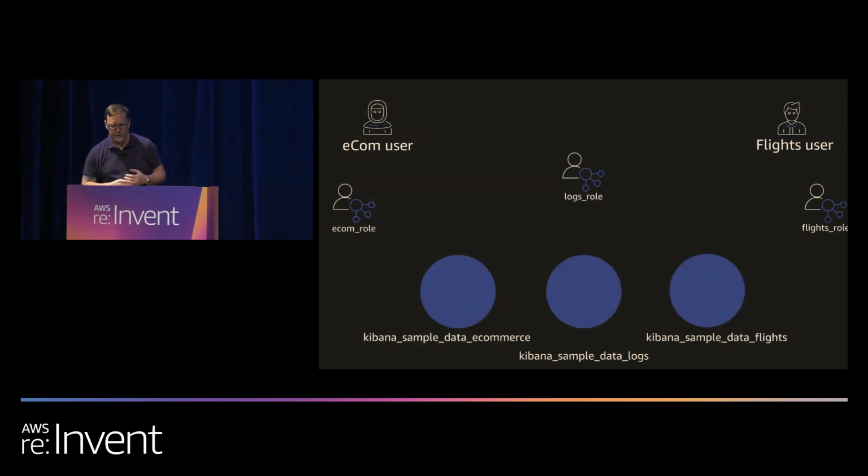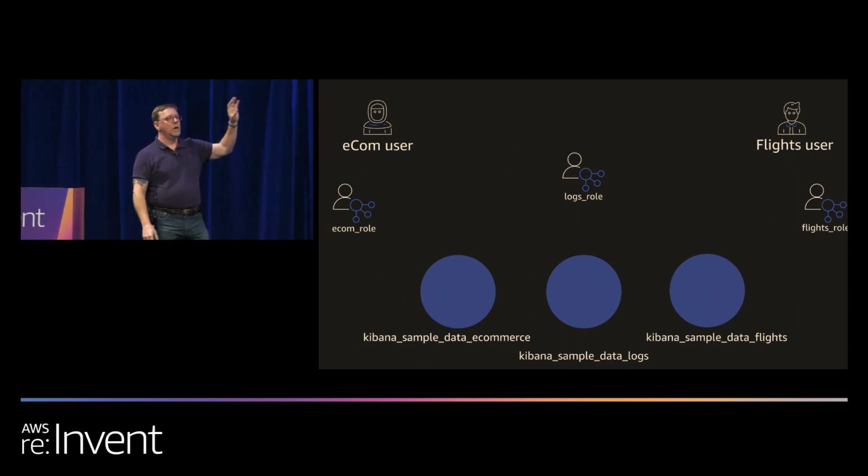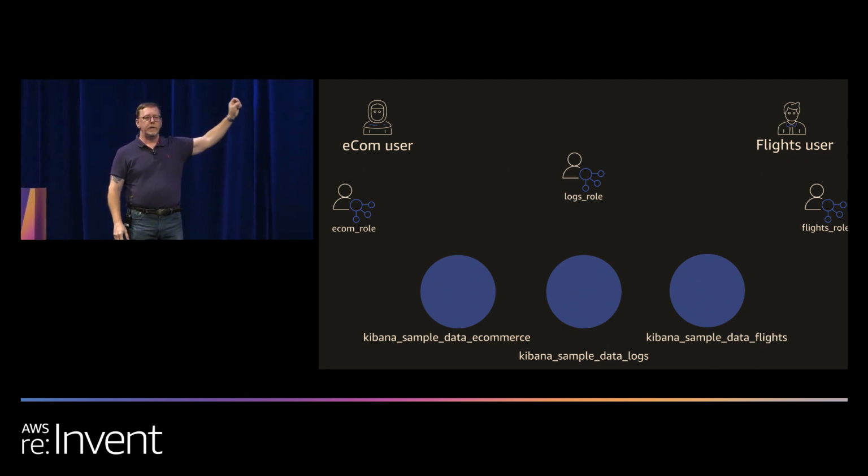When we get done with this, we're going to have our ecom user and our flights user. We're going to have an ecom role that defines permissions and index access for the ecom user. We're going to have a flights role that provides access for the flights user. And we're going to have a logs role. Again, we have 3 indexes: e-commerce, logs, and flights.